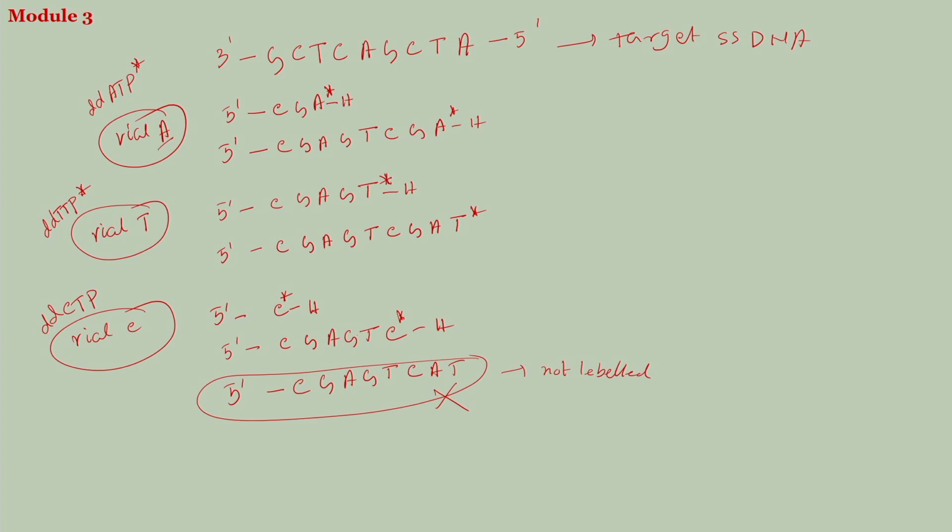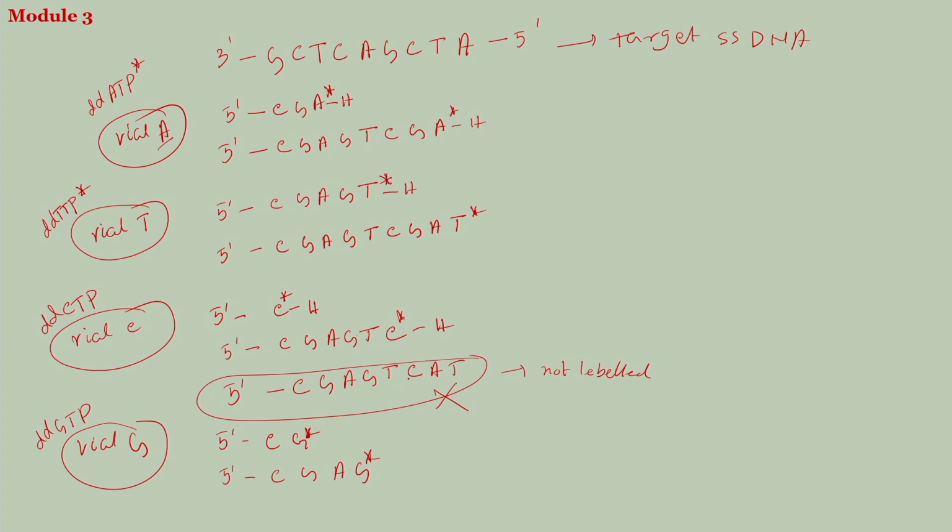And vial G, that has ddGTP. Fragments are C G, then C G A G, another here. Is there anything else?